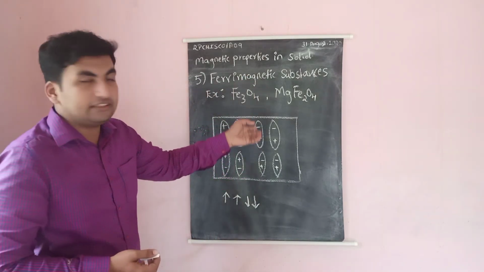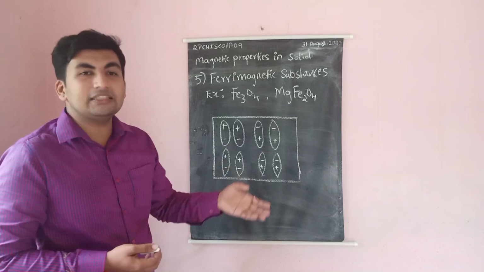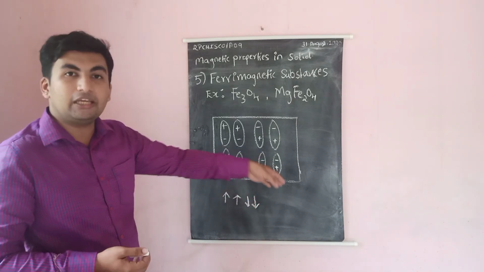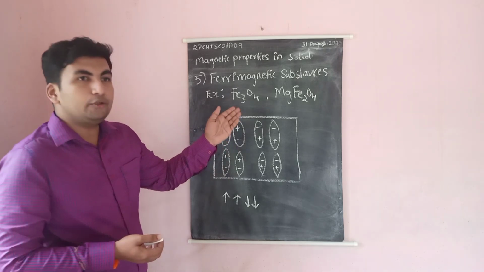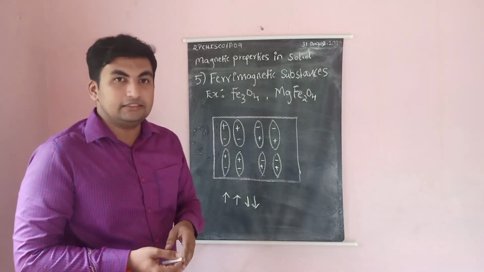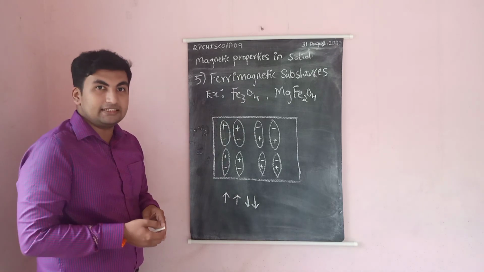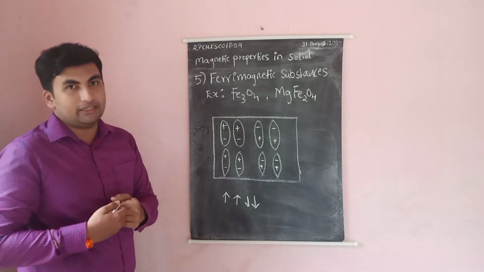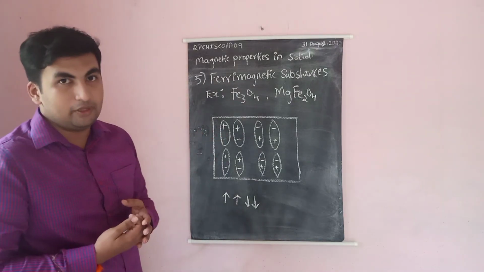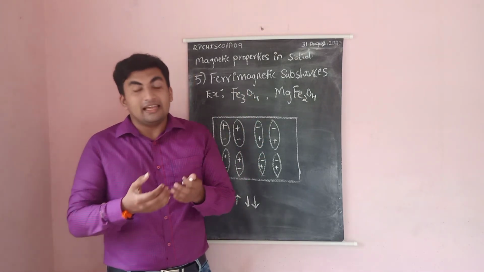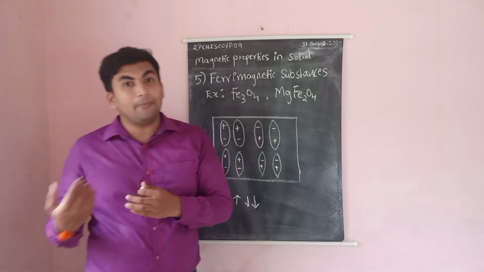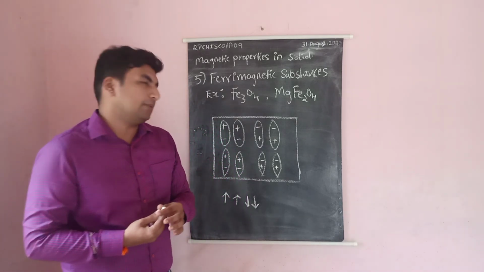If we heat these types of substances, they lose their magnetism and become paramagnetic substances. Compared to ferromagnetic substances, they are less attracted by the magnetic field. One more point: ferrimagnetic substances are less attracted compared to ferromagnetic substances.